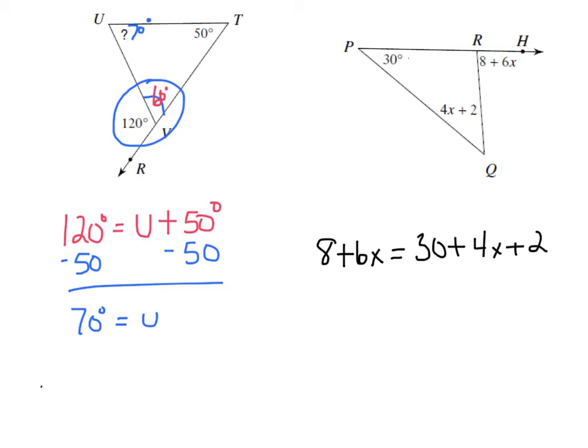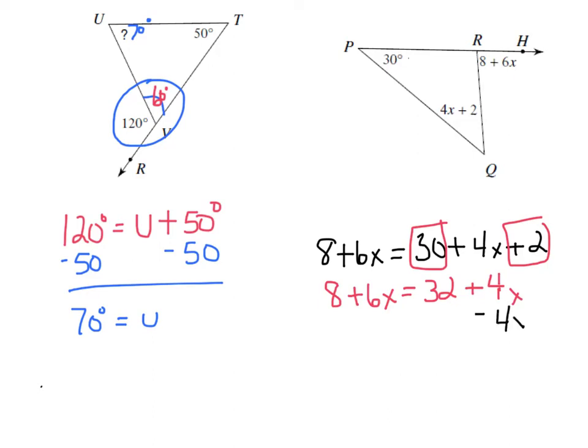And now I solve. Let's combine like terms first. I have 30 plus 2. So my new problem would be 8 plus 6x equals 32 plus 4x. Now I need to get all my x's together and all my numbers together. So I'm going to move 4x to the left.